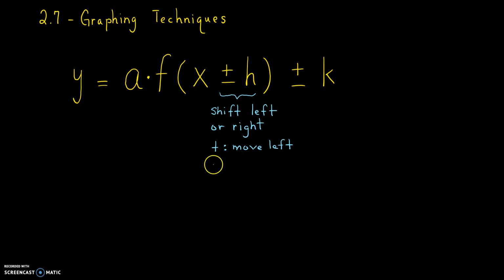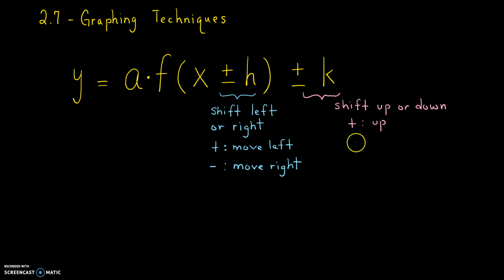If we had a negative number, then we would do the opposite and we would move right. Hopefully you remember from that video, and if you don't, just go back and rewatch the beginning of that video. The number on the outside here told us whether to shift up or down. If it was a plus, then we would shift up, and if it was minus, we would shift downward, right?